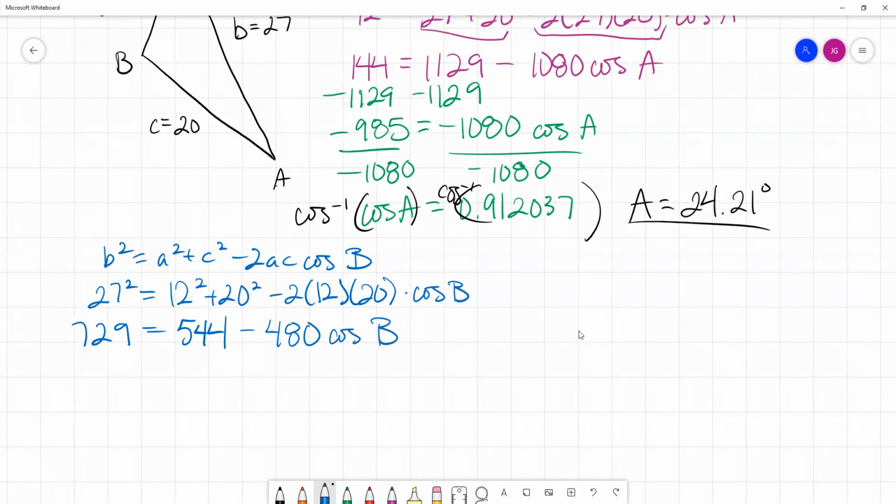Okay, again, I'm going to say it one last time. Don't subtract these. Okay, instead, I'm going to subtract the 544 from both sides. Okay, so 729 minus 544, that's 185, is equal to negative 480 cosine of B. Okay, I can divide by the negative 480.